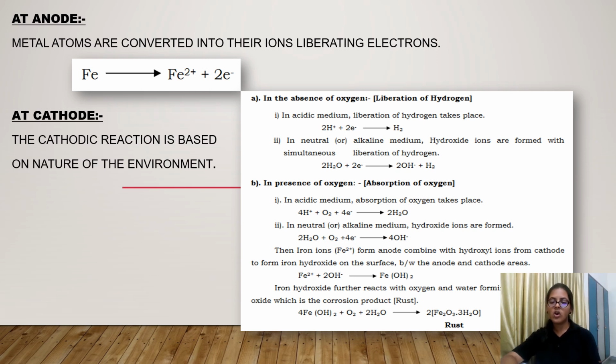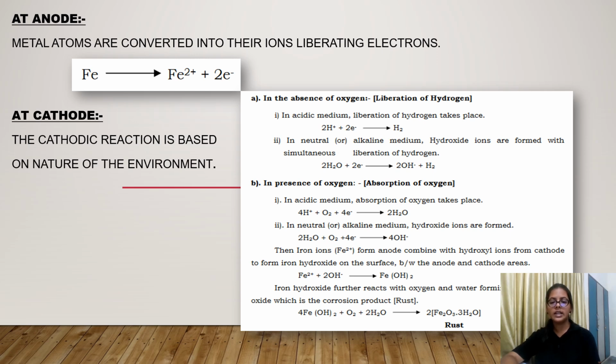In presence of oxygen, in acidic medium, absorption of oxygen takes place. In neutral or alkaline medium, hydroxide ions are formed. The iron ions Fe2+ from anode combine with hydroxyl ions from cathode to form iron hydroxide on the surface between anode and cathode areas.